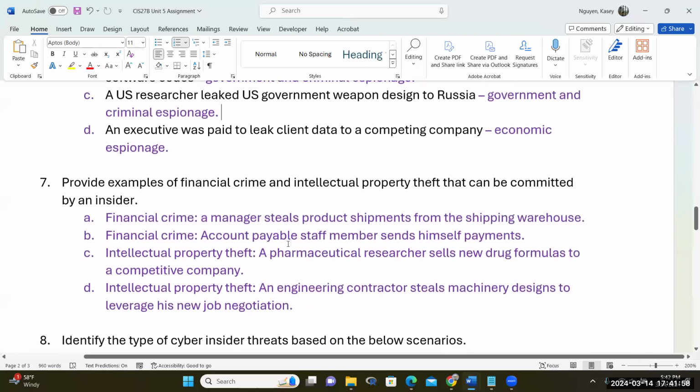Okay. For financial crime and intellectual property, it could be design, it could be writing. And there's a gray area between what is really individual intellectual property and the company's intellectual property. Sometimes, when the engineer, the person who creates a design or a product, uses the resources of the company, that could also be considered partially owned by the company.